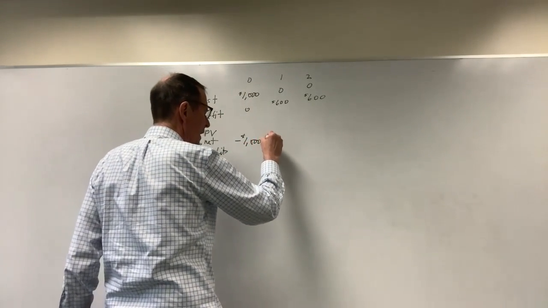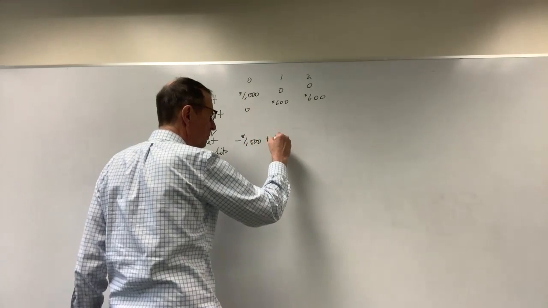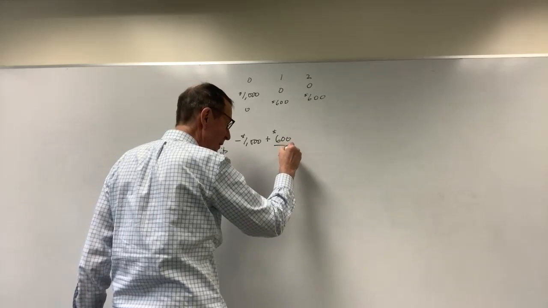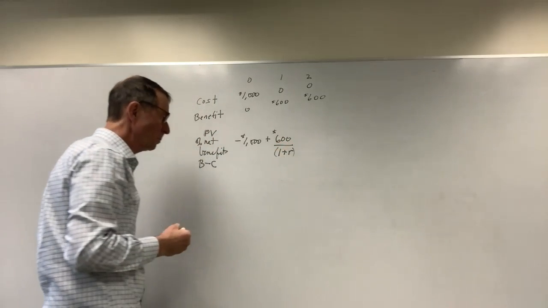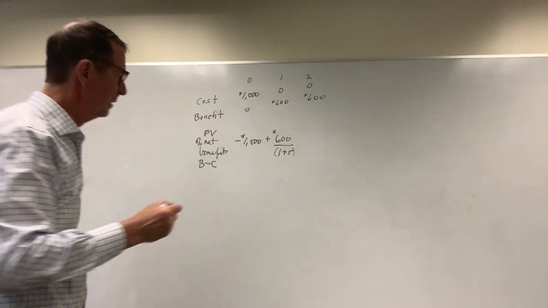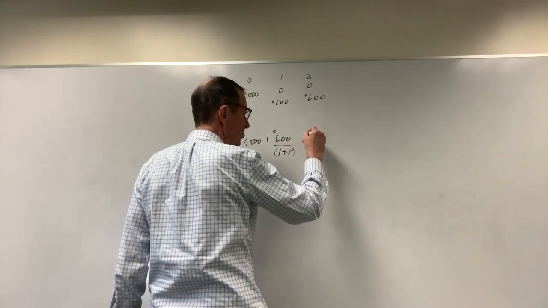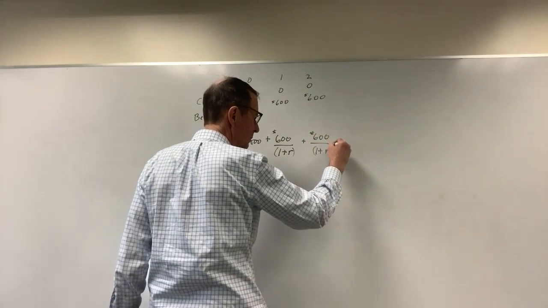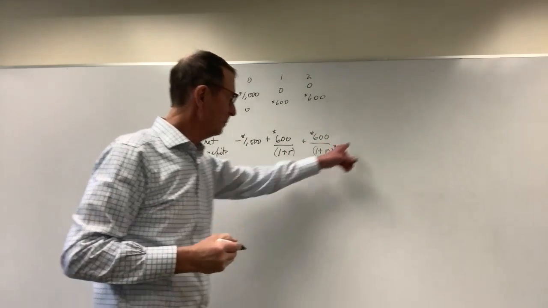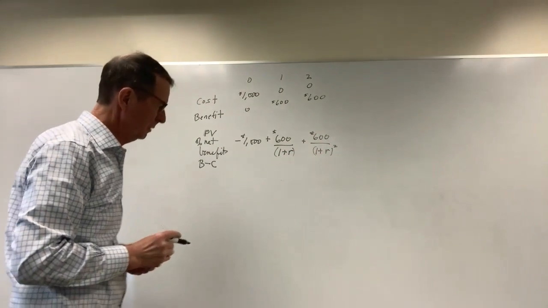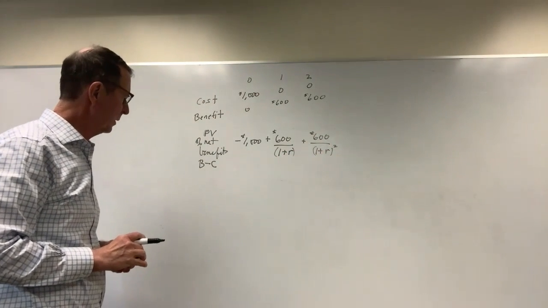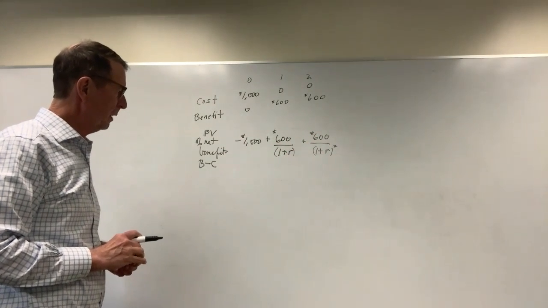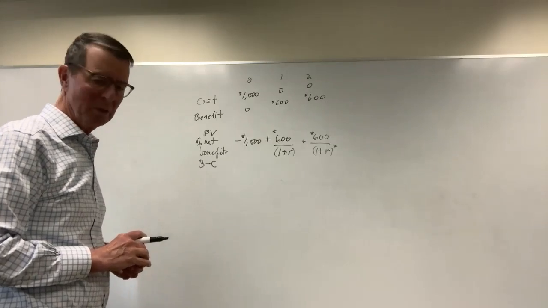And we're going to add to that a $600 net benefit, 600 minus 0, but it's going to be discounted by 1 plus R because it's not available until a year from now. And then similarly in the second period, 600 over (1 plus R) squared. And if we had benefits extending out in the future, we keep increasing this exponent by 1 for every additional year. So whether this is positive or not is going to depend upon the interest rate.